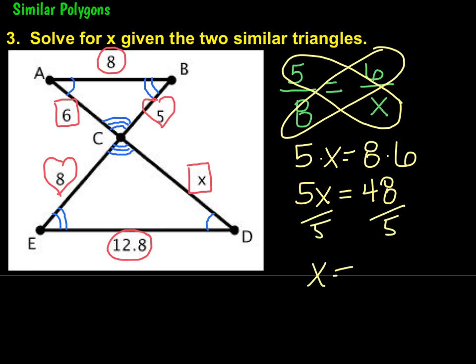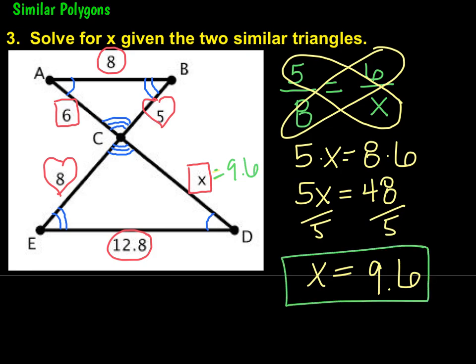And now I just need to use my calculator to divide 48 by 5, and I get 9.6. So the length of x would be 9.6. Not too bad, right? Find the sides that would go together, mark them with different shapes, then set up a proportion, cross multiply, and solve your equation.